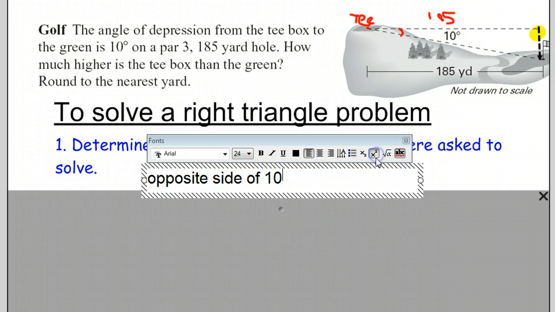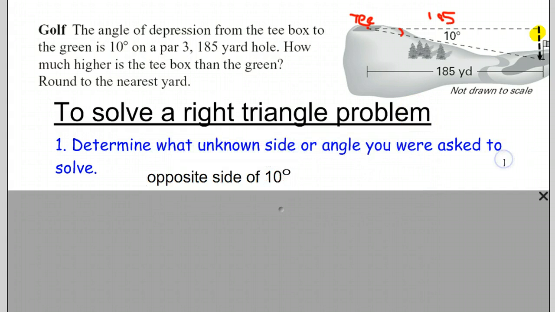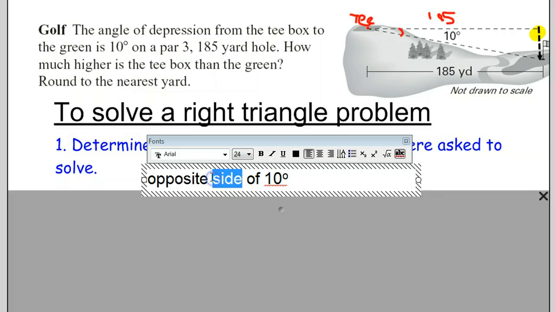So that's what we're asked to solve, the opposite leg of the 10-degree angle.